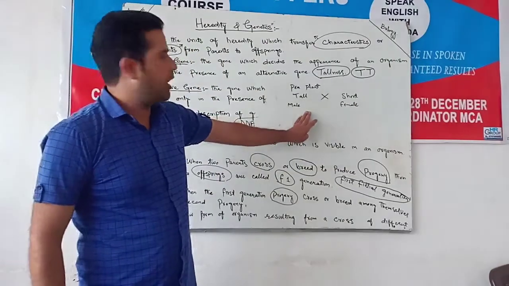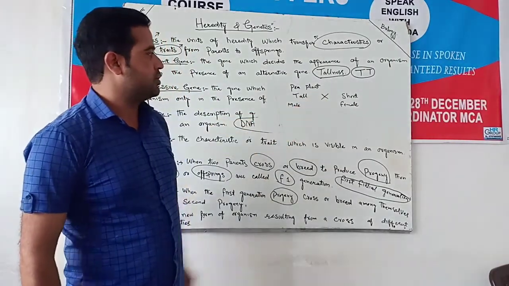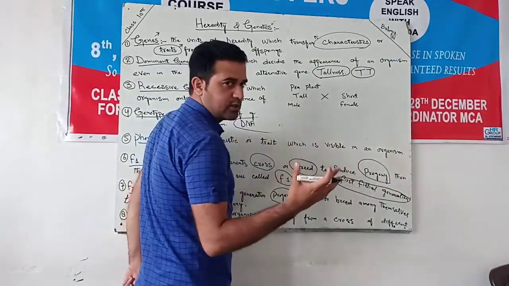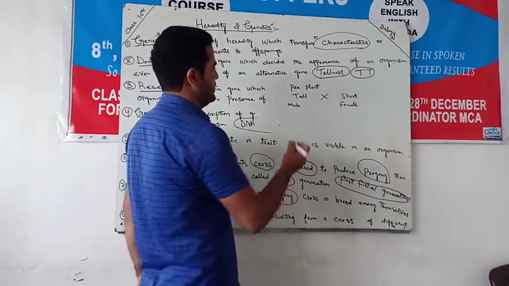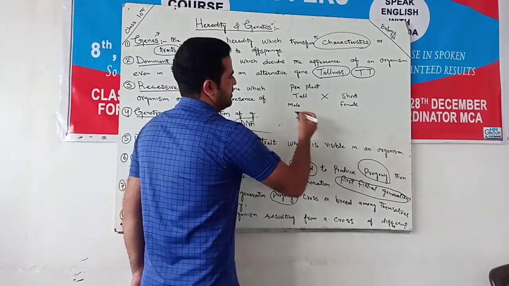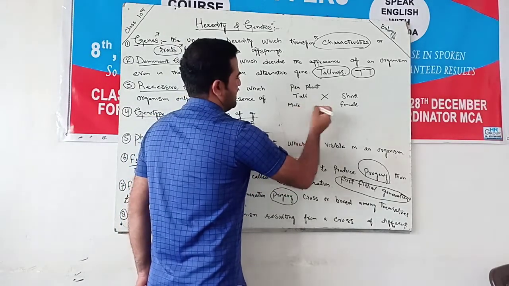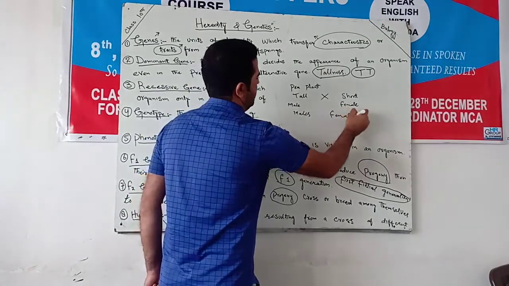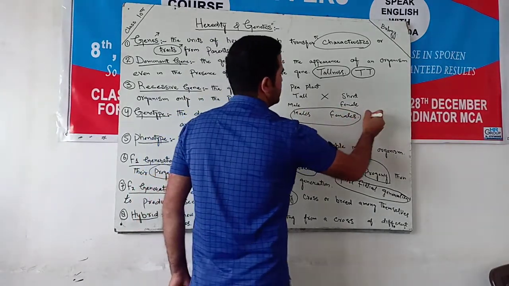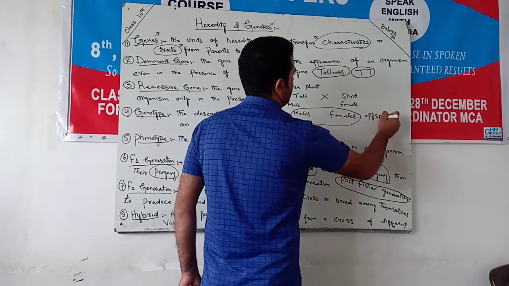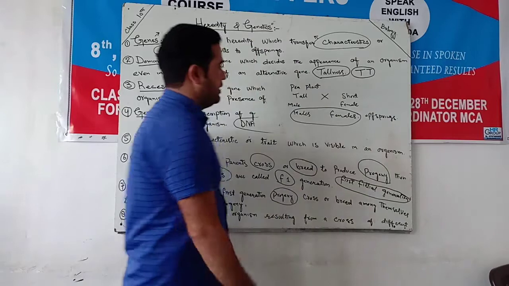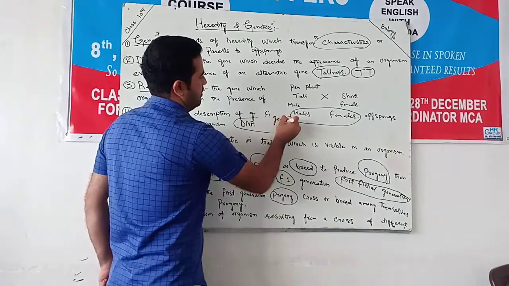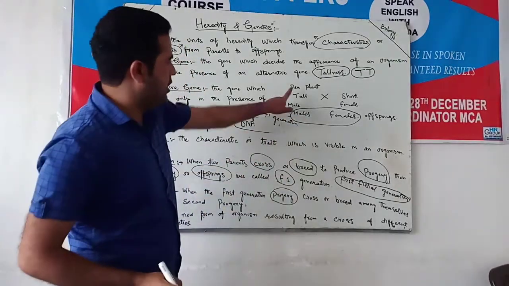They breed or cross among themselves, so they will give rise to their first generation, that is F1 generation. Suppose there are males and females, these are their offsprings. Now this is the F1 generation of this pea plant.